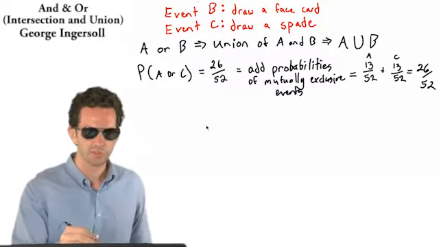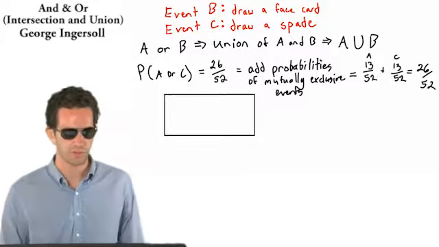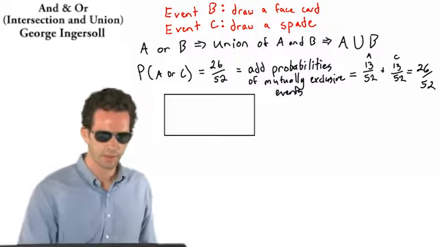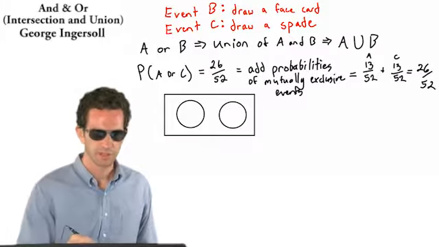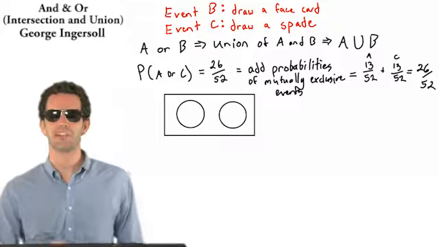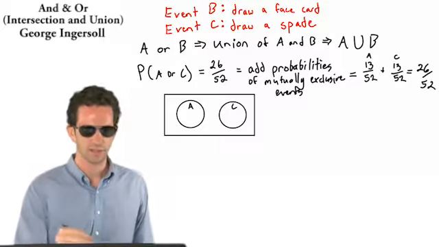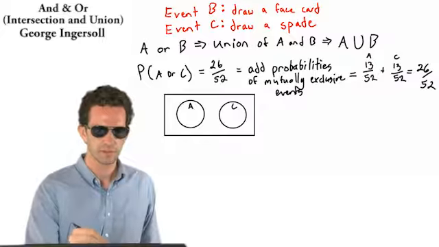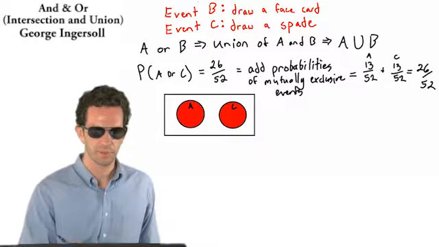Representing this graphically, here's our sample space S, all 52 cards. This is, I drew those rather nicely. This is event A, this is event C. We're going to add them.